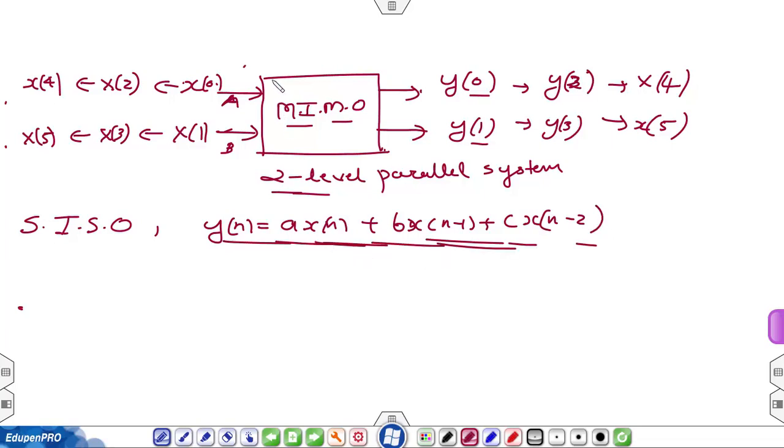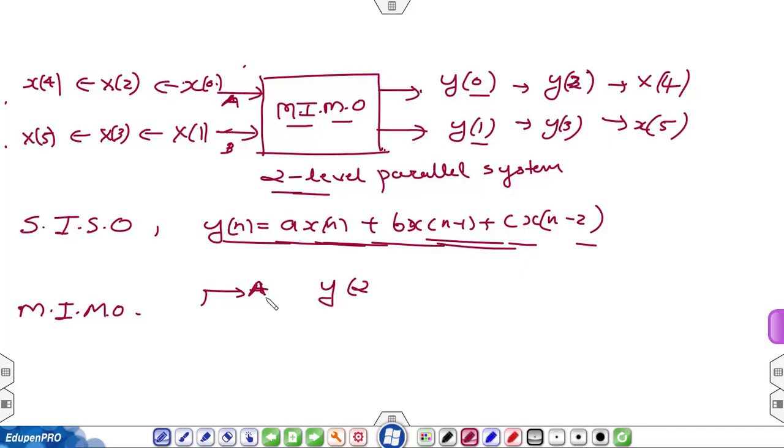Okay, so for this multiple input multiple output system, port A will be implemented by using two SISO systems in parallel, so I can write two equations. At port A, because I am giving two samples at a time, I will prefer to write the samples in multiples of 2.